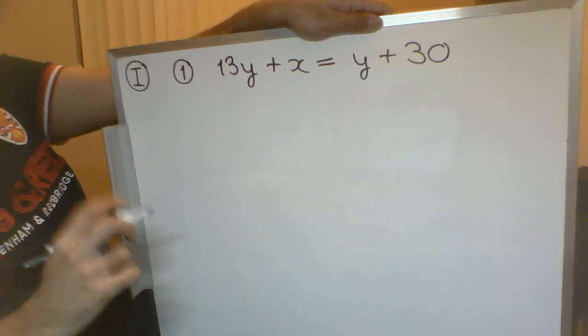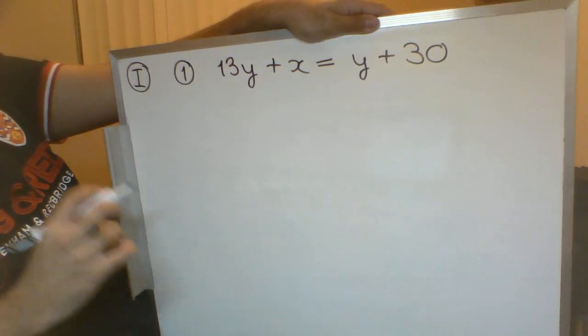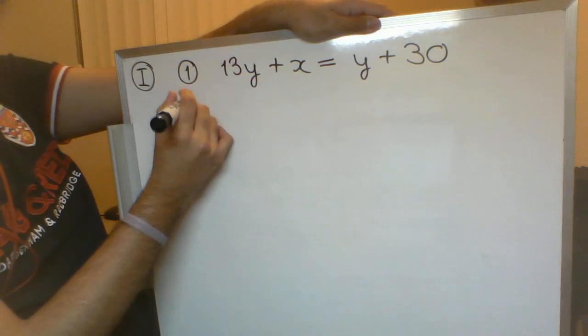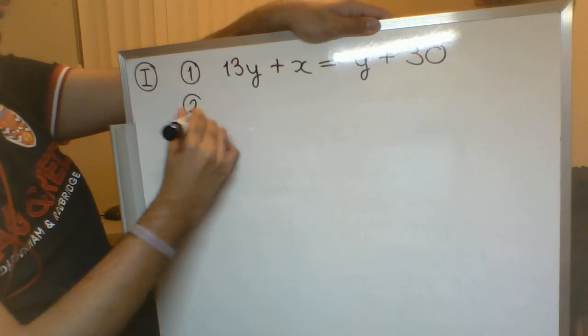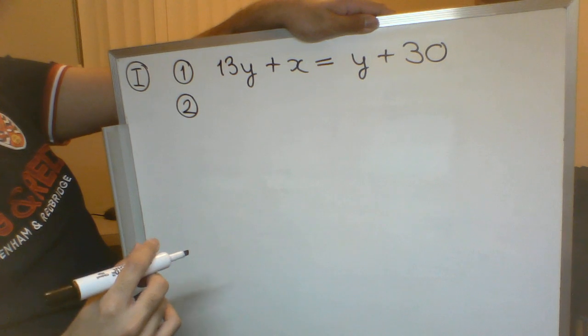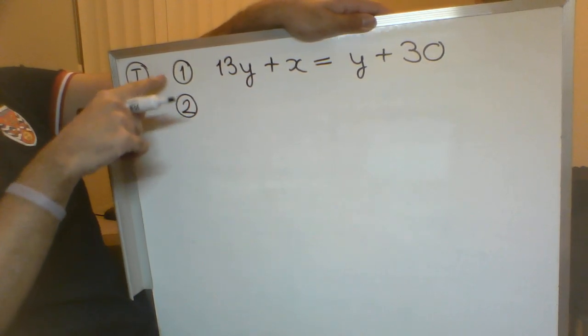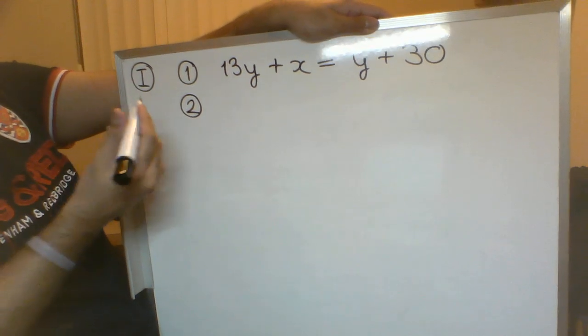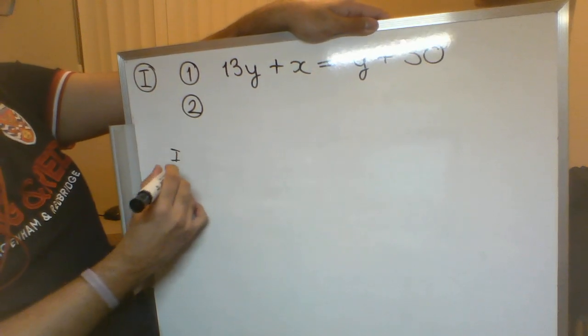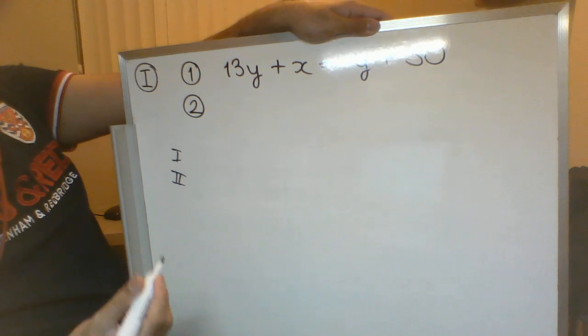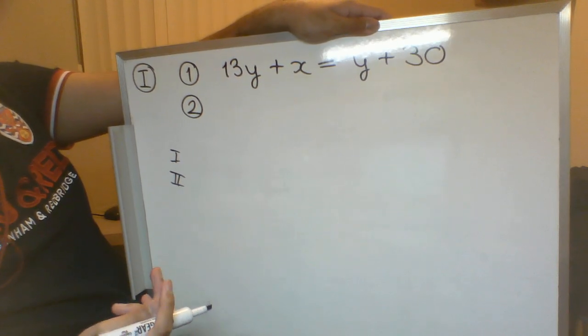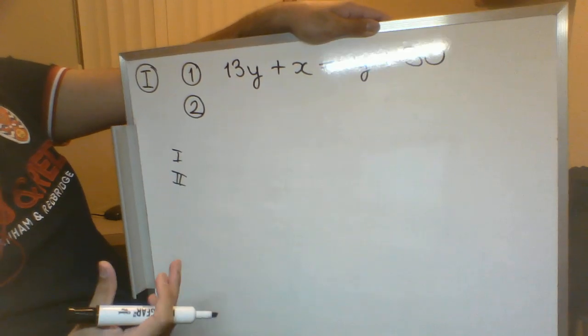The one thing that I didn't mention when you're setting up the problem, you don't really have to do it, but it's a little bit neater for anybody who's trying to make sense of your solution, or if you're trying to understand it when you go back to it later, is number the equations, label the equations. You can call them 1 and 2. You could do it with Roman numerals, so like I and II. You could do A and B. You could do, I don't know, a happy face and a sad face.